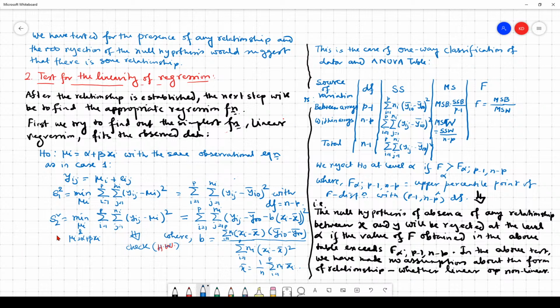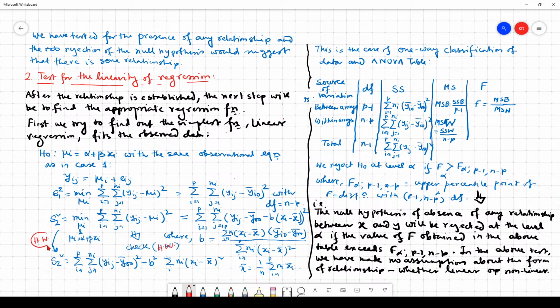Now, this S2 square can be written as the sum over i from 1 to p, sum over j from 1 to ni, of yij minus y naught naught bar whole square, minus b square sum over i of ni xi minus x bar whole square. So please check this, you can get from this to this.